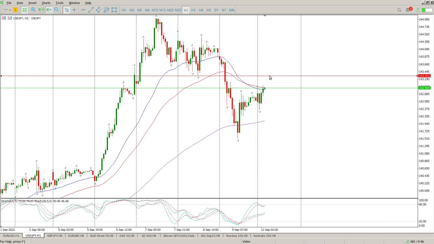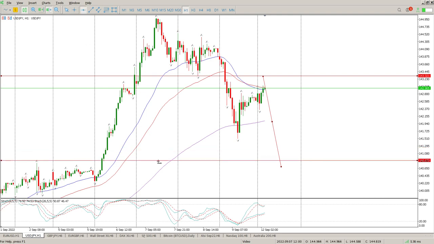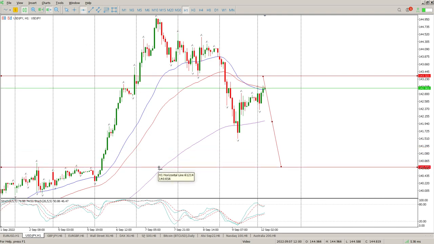So I want to see price get here, I want to see it reject with an inside bar, engulfing bar, or pin bar rejection before looking for a leg down, and that leg down is going to look something like this. There's our measured move, and you should see us come into retest this area down here.